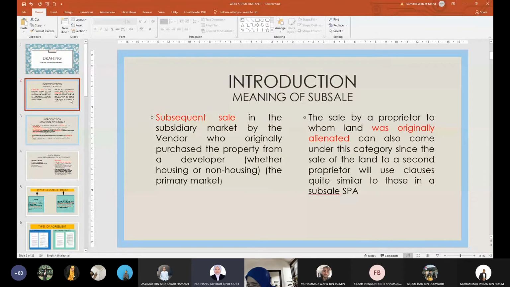So tak ada apa-apa defect or anything yang boleh buat cacat lah kat rumah tu. Tapi kalau kita beli yang subsale punya market, boleh jadi owner tu tawarkan harga macam ni kan. Okay, harga dia might be lower lah from the primary market. But then mungkin lepas tu kita akan kena buat some renovation. So renovation tu pun akan makan cost jugalah.